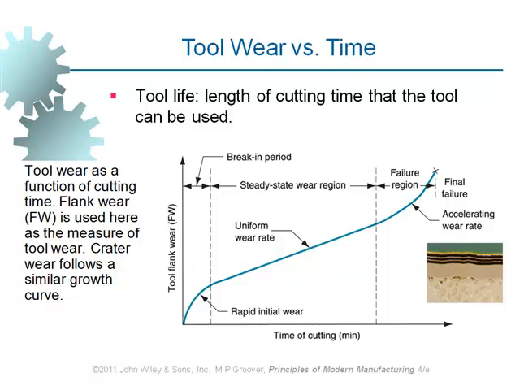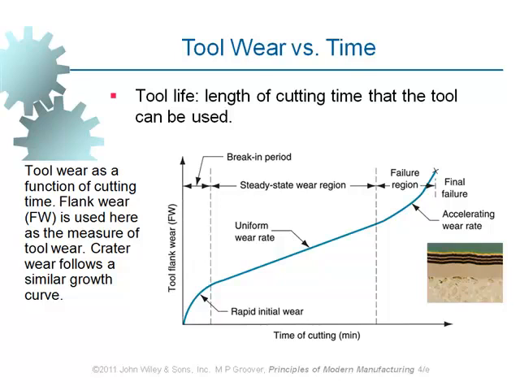Here we've got time of cutting, and on the vertical axis we've got flank wear, which is presented in the previous slide. In the very beginning, as you can see, there is significant wear on the cutting tool when the cutting tool is new. As it is touched, the coating of the cutting tool on the nose of the tool will be removed instantly.